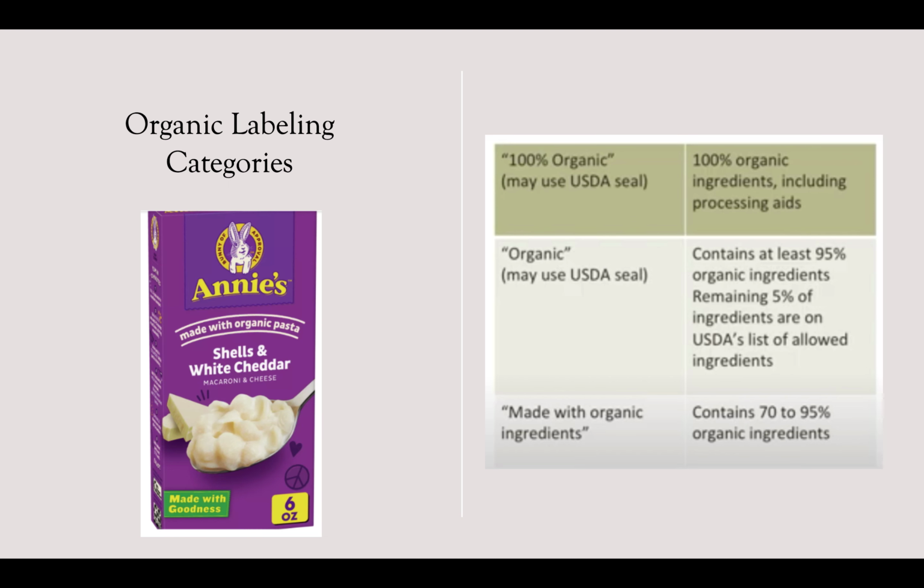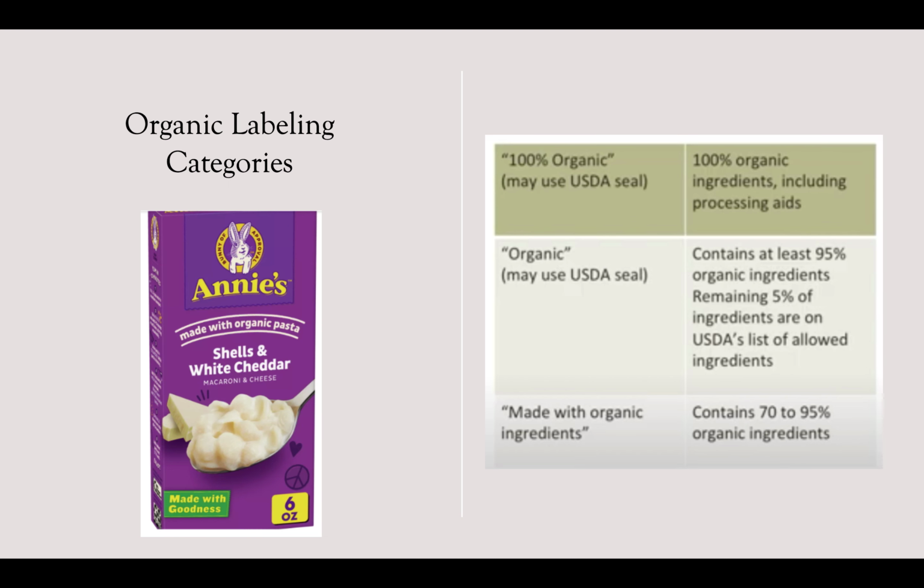So if it's 100% organic, you can use the USDA seal on it. It can say organic, and it can still have the seal on it if it contains at least 95% organic ingredients. The remaining 5% of the ingredients are on the USDA's list of allowed ingredients.